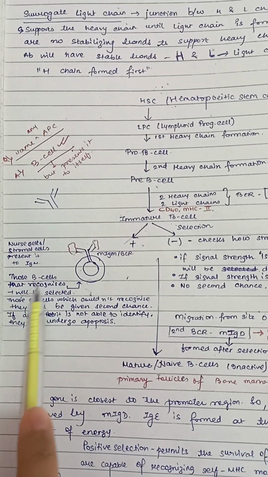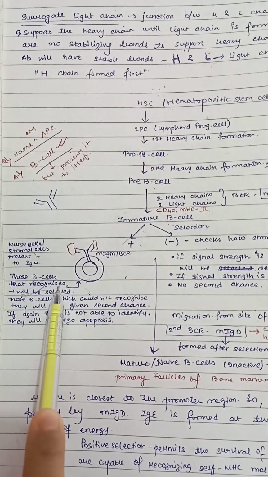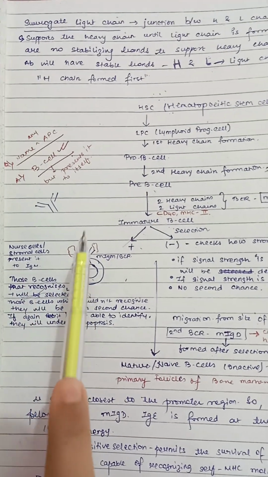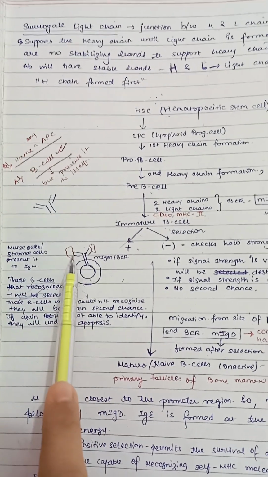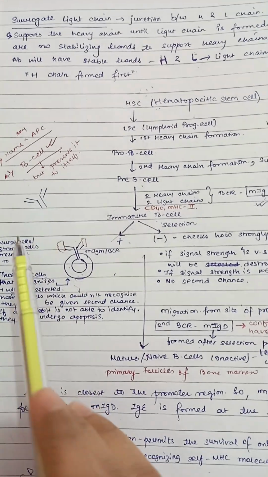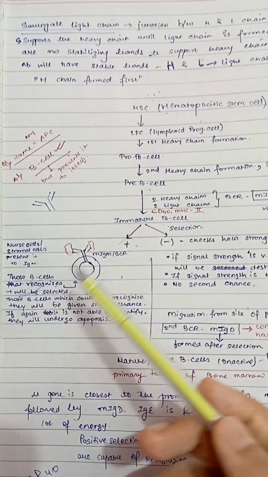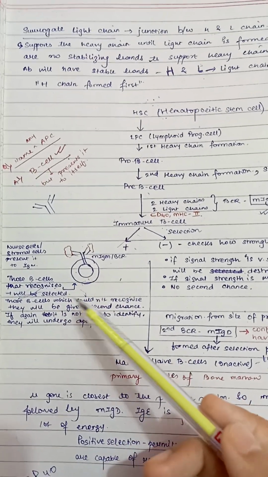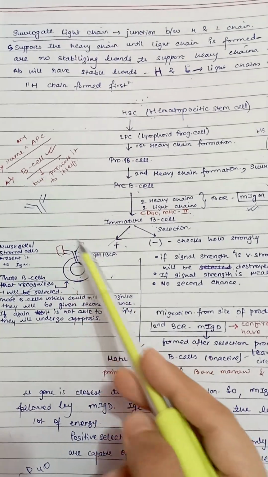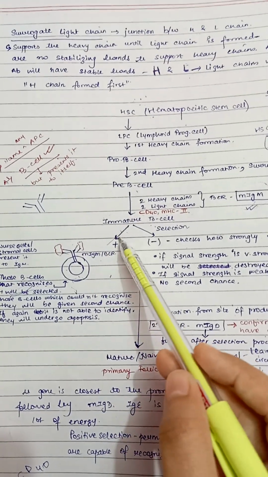Those B cells that recognize the self MHC molecules will be selected. This is a chance event, and they are given a second chance. If in the second chance also they are not able to identify their own self MHC molecules, then they are going to be destroyed. This is known as positive selection.